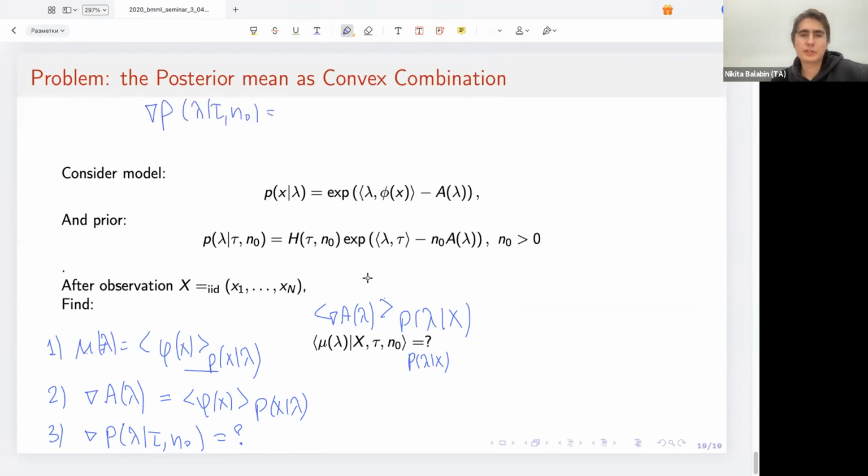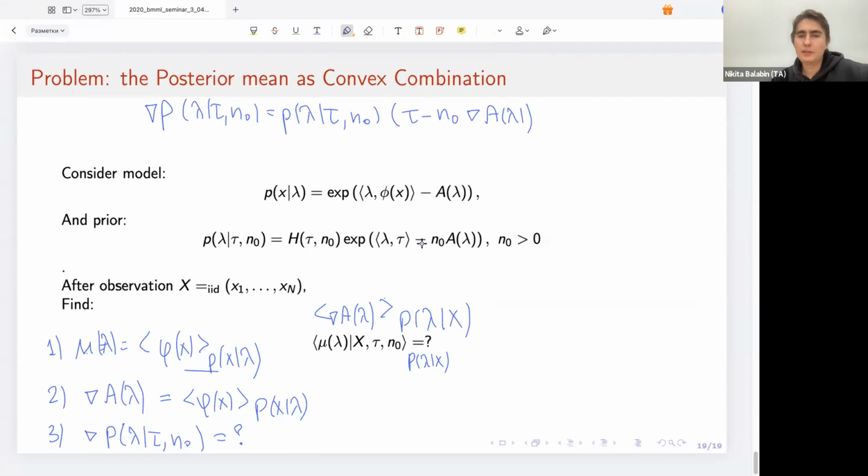Since it is an exponential function and this function doesn't depend on lambda, we obtain again the prior distribution, multiplied by tau minus n sub 0, the gradient of A.